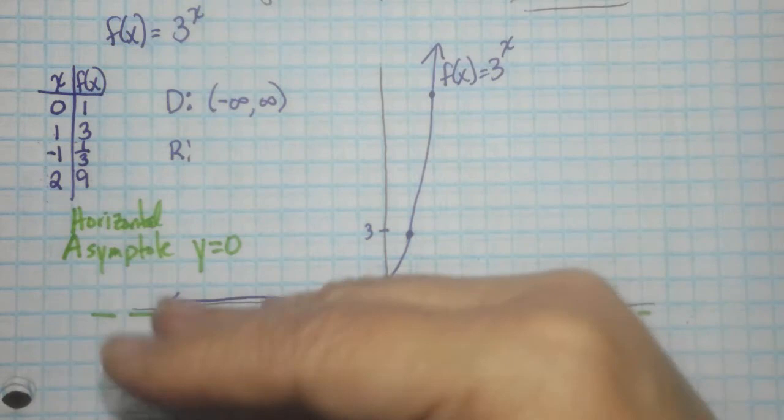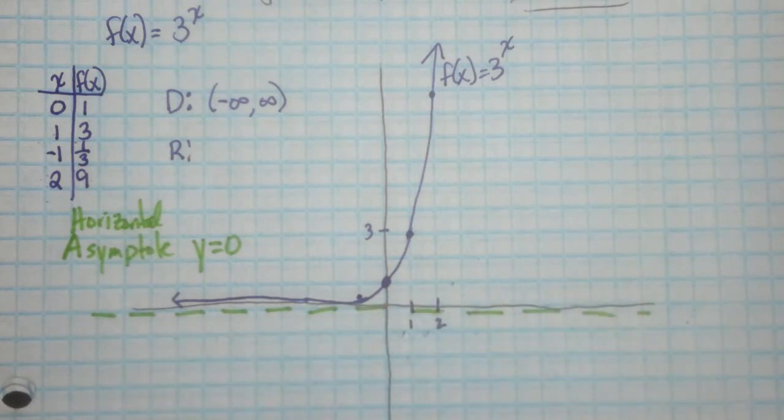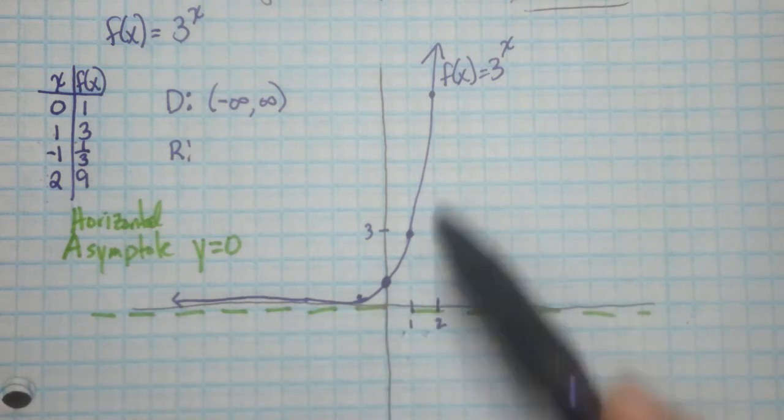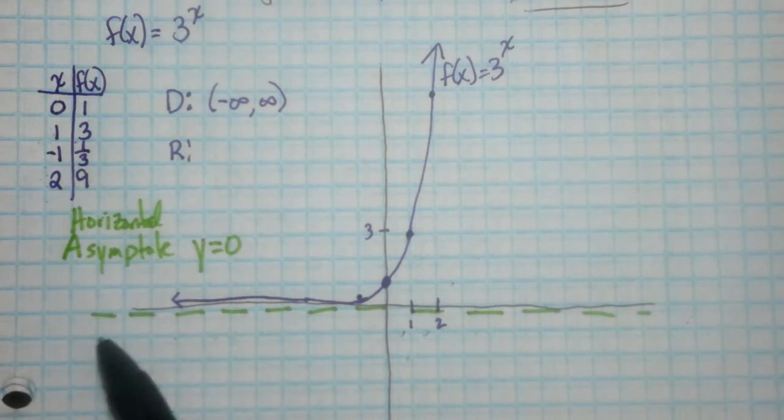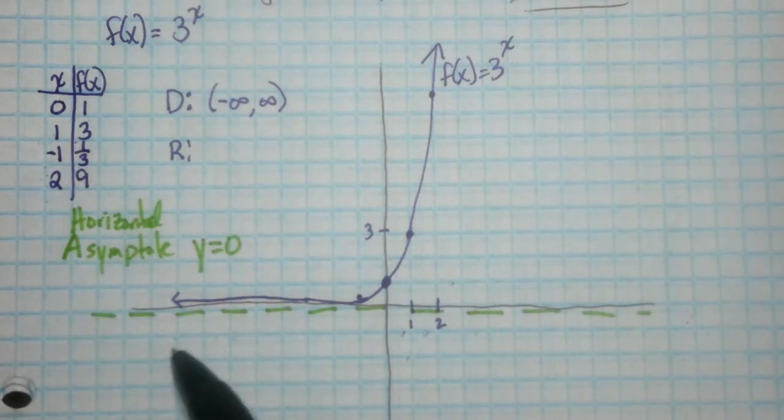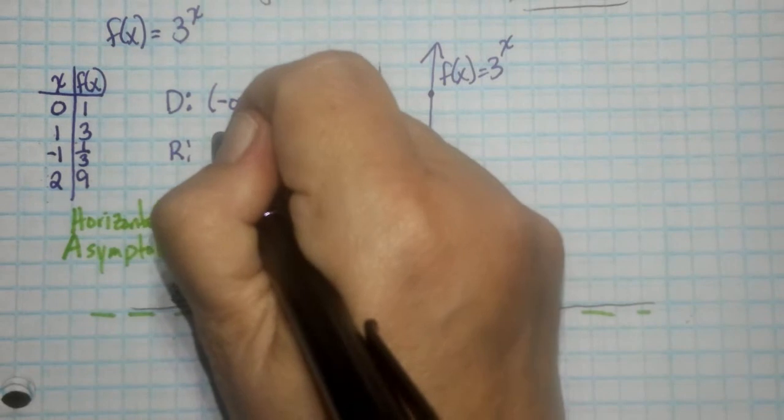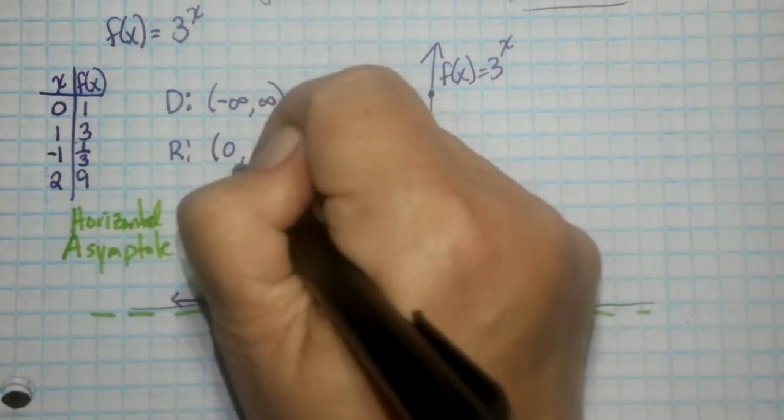And the presence of that asymptote is then related to our range. So our graph is never going to get down to 0. It's going to approach 0. It's going to get really close to 0, but it's not going to touch 0 or go below 0. So that means my range is parentheses 0 to infinity.